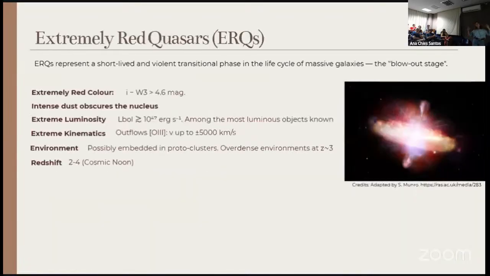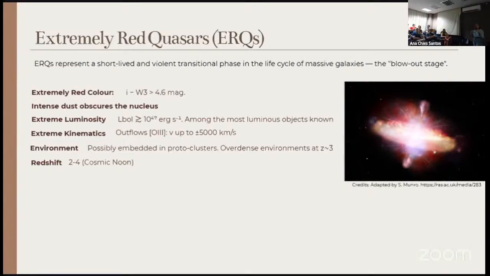An extremely red quasar represents a short-lived and violent transition phase in the life cycle of massive galaxies, the blowout stage. This type of quasar is classified by extremely red colors, with intense dust obscuring the nucleus.